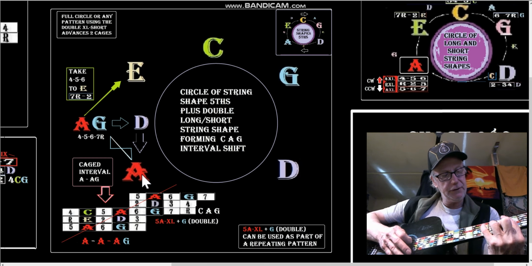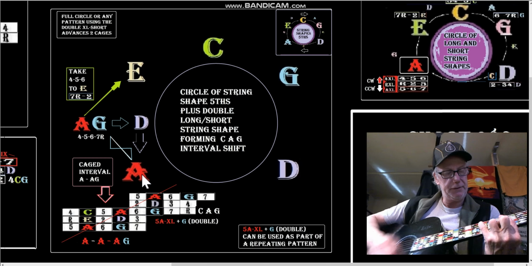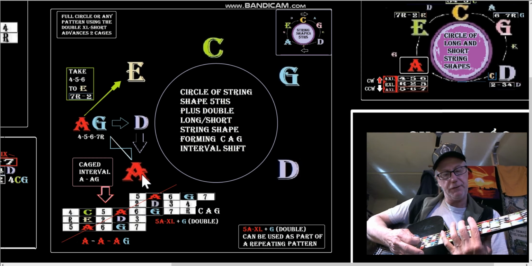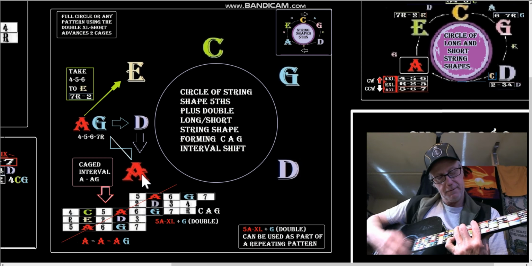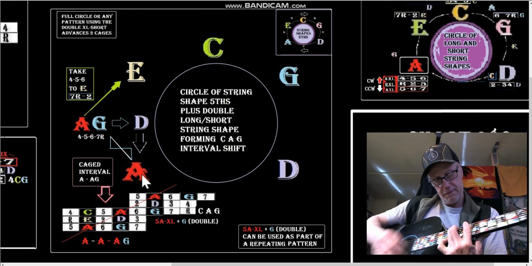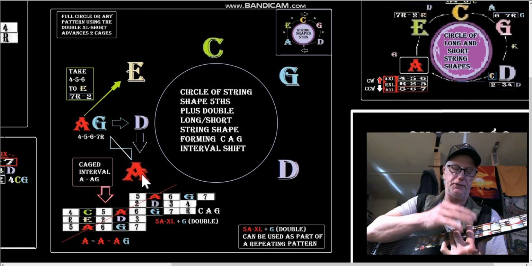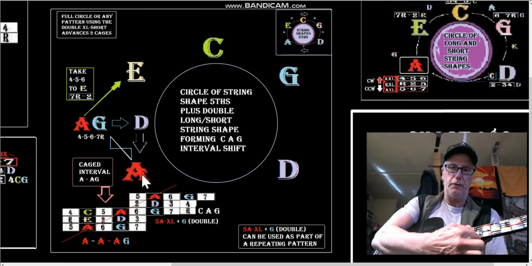So first we have C shape. I'm going to do these. Then we're going to have a G shape here. Okay. Right. The G shape starts on the 6th, not on the Lone Wolf 7th.